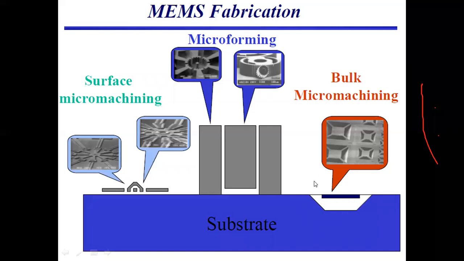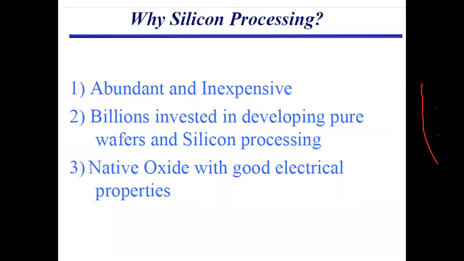However, if you make a device within the silicon wafer by etching inside the silicon wafer, that process is known as bulk micromachining. Whereas in microforming, first we make a mold on the silicon substrate, and then in the mold we do electroplating. So by these three fabrication techniques, normally we could fabricate MEMS.